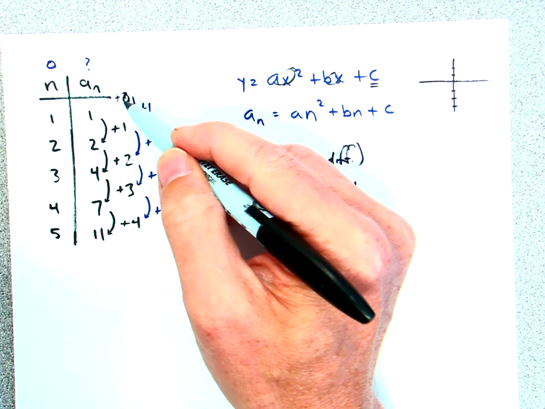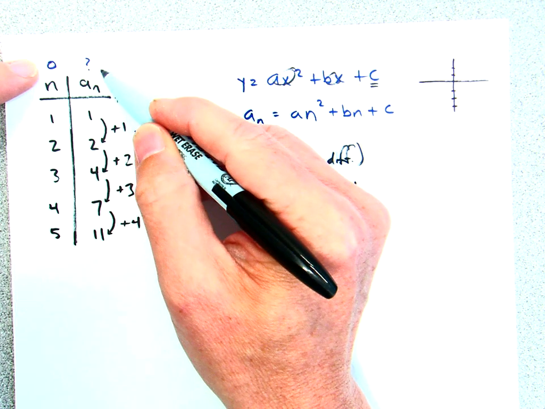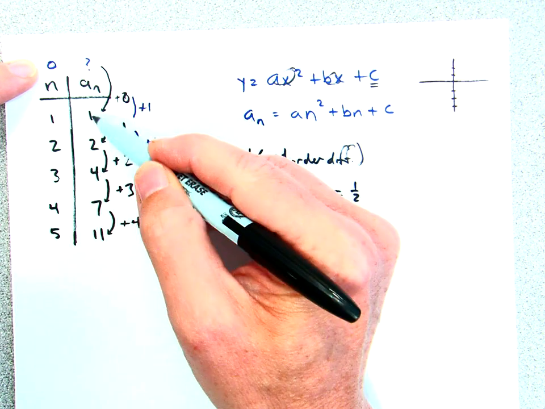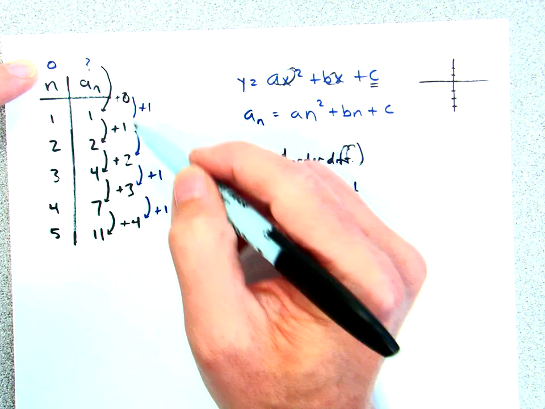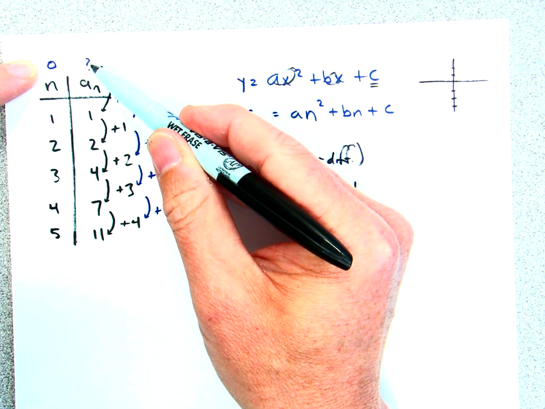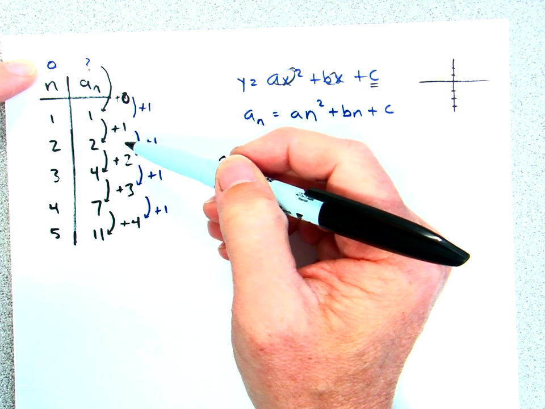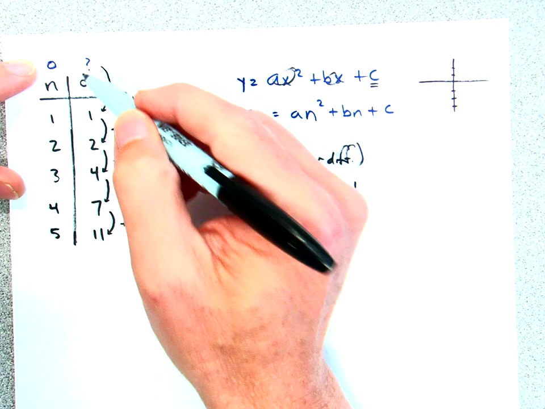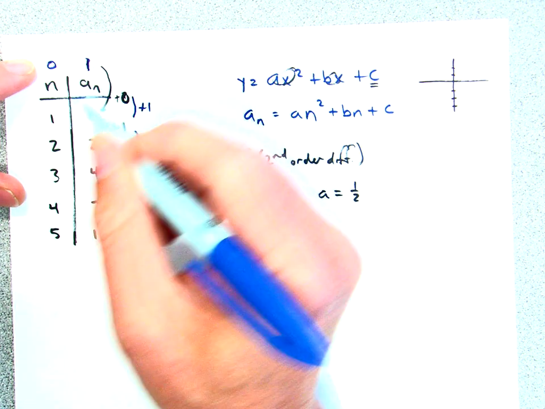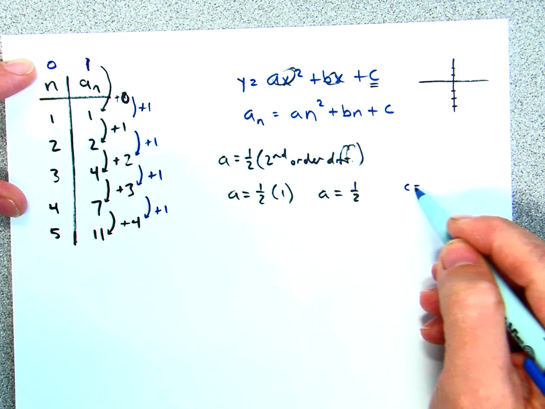So this is the first order difference. That means that whatever the y value is when x is 0, we're going to add the first order difference to go from this y value to this new y value. So if the difference is 0, what value would be here such that if we add 0, we would get 1? Well, anything plus 0 is itself, so this has to be a 1. So when x is 0, y is 1, that means our C value is 1.